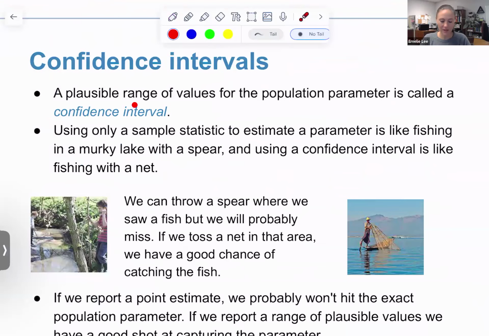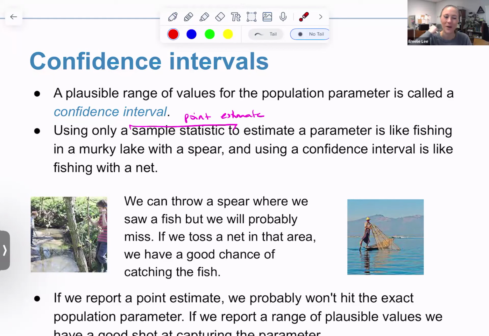So a plausible range of values, hey, it's almost like I know what I'm talking about, for the population parameter is called a confidence interval. Okay. And so what we think of is usually fishing, right? If we just use our point estimate to estimate the parameter, that's like you're just fishing with a spear.